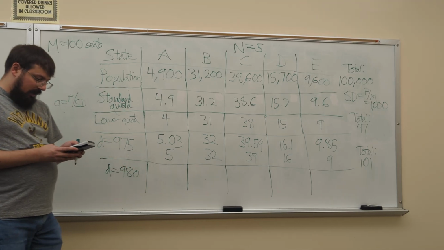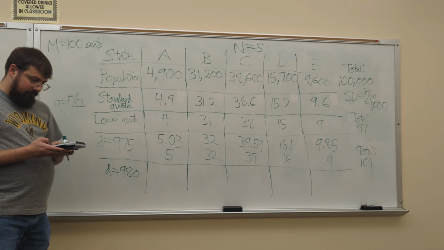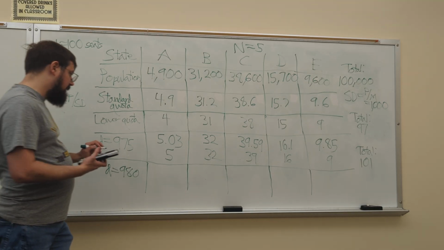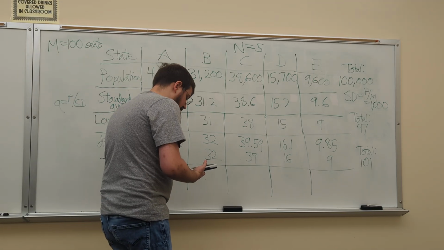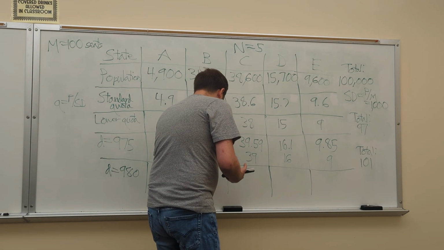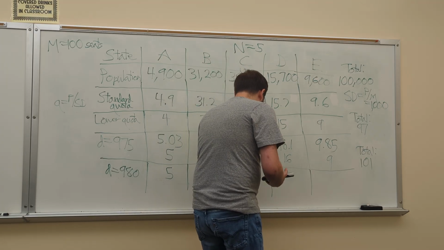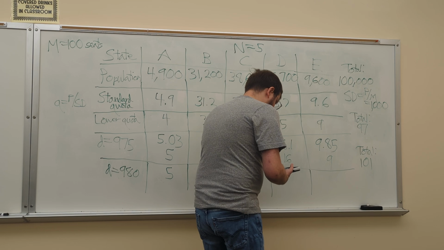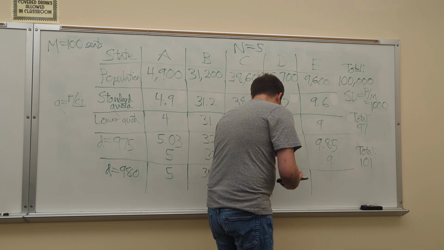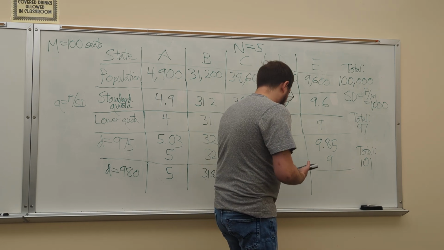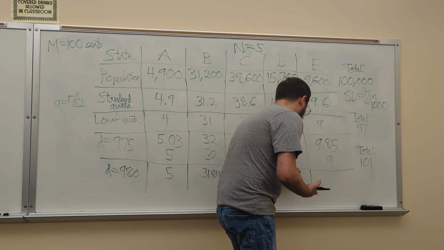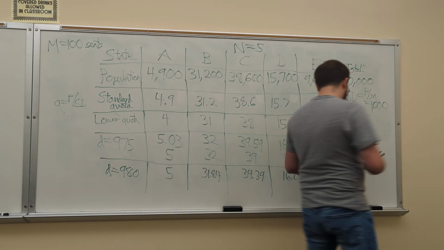If we put that into our calculator, then we get 5, 31.84, 39.39, 16.02, and 9.8.